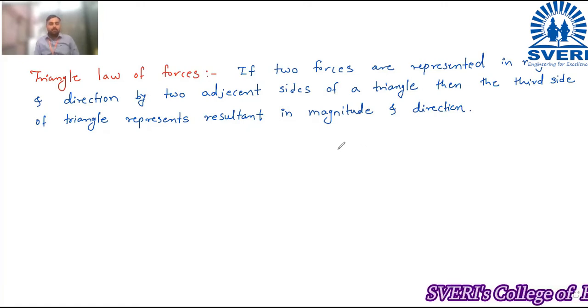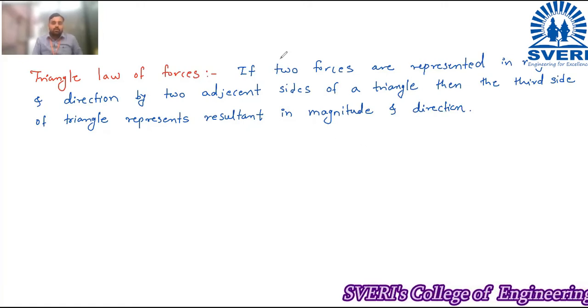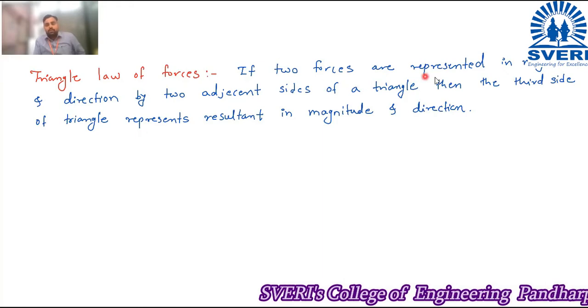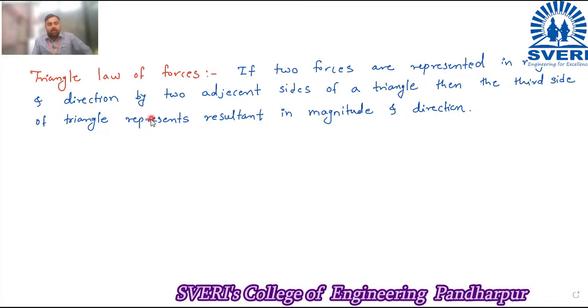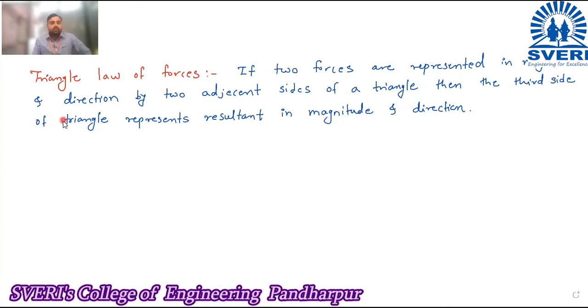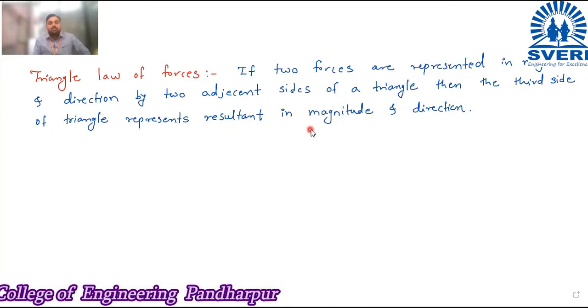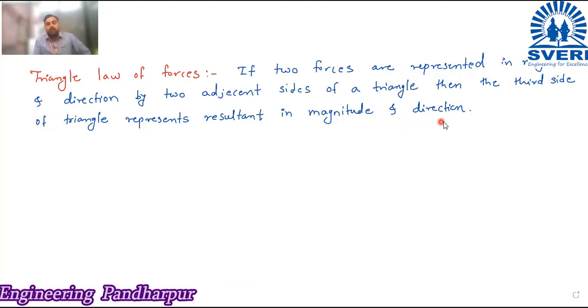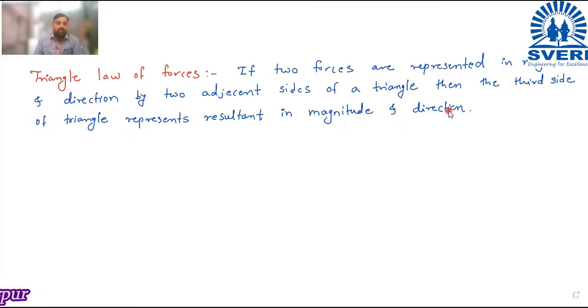So a very simple law is there. What this law says: if two forces are represented in magnitude and direction by two adjacent sides of a triangle, then the third side of the triangle represents the resultant in magnitude and direction. So the third side of that triangle will give you the magnitude of the resultant.